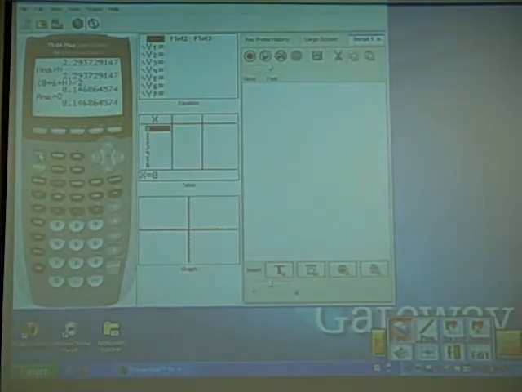We're going to hit second and square root, and we said we were going to use O, alpha O, and then open parentheses again, alpha O minus 8, close that parentheses, open it up, alpha O minus 6, close that one, open it, alpha O for 8.15, and then we got to put a minus there.